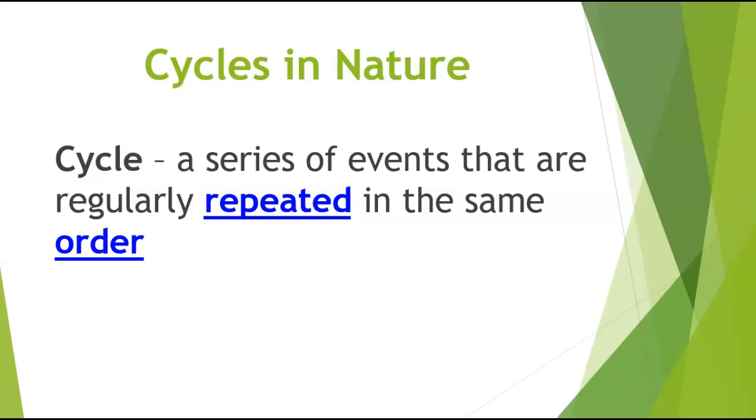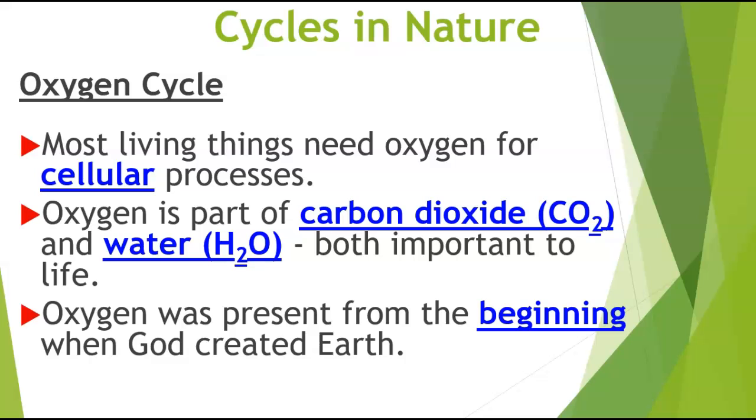It doesn't necessarily mean it's an exact circle all the time, especially some of these cycles that we're talking about in nature, although the oxygen cycle probably is more so than any of the others. But a cycle does have a certain pattern to it. So there are certain things that can't happen before other things, although there's not necessarily a perfect circle that everything goes in. So just keep that in mind.